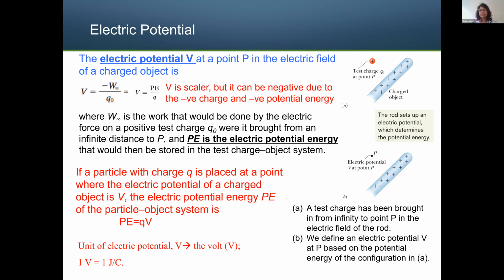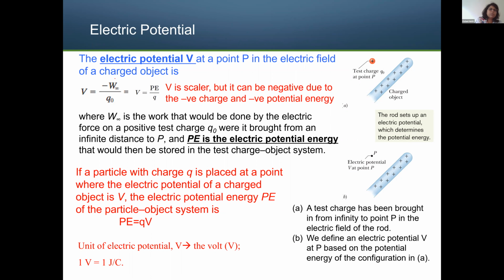If you have a source charge and a point of interest, and you bring a charge from very, very far away, infinitely far away, to your point of interest, then how much work you have to do per unit charge, we call the electric potential.